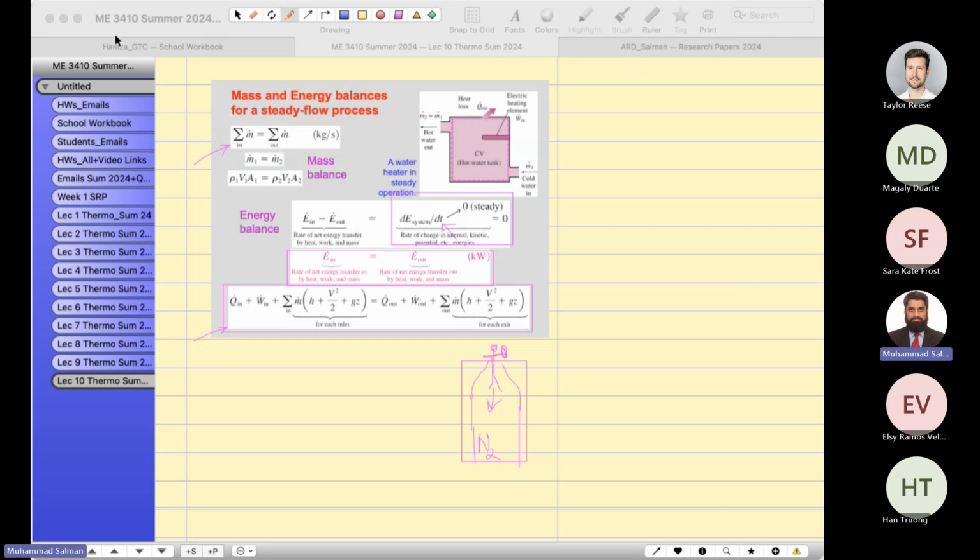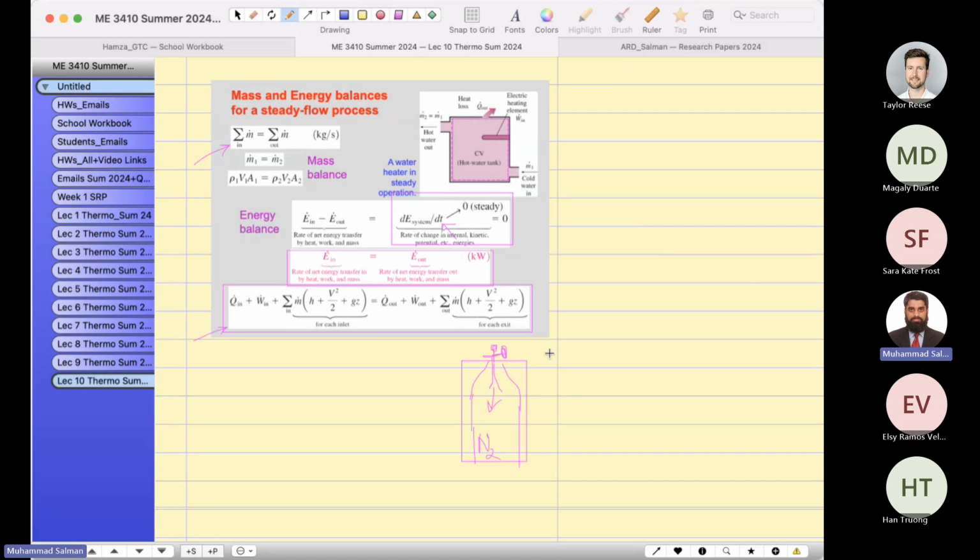Is it an unsteady flow process or a steady flow process for filling up the nitrogen cylinder? Yes, anyone who is writing down the answer in the chat box? Sarah, Megali, Taylor, Elsie, Han. No answer. Okay, this is an unsteady flow process.